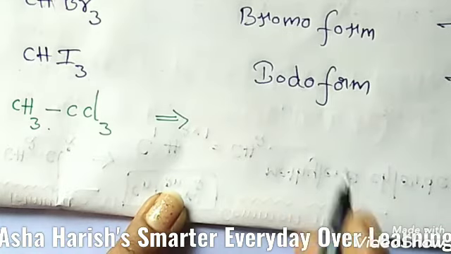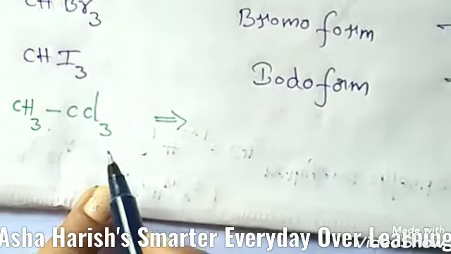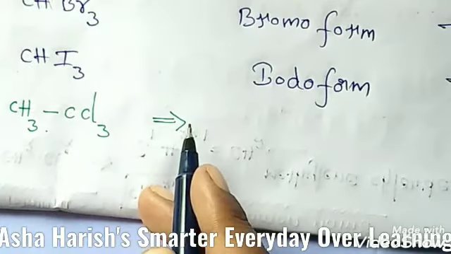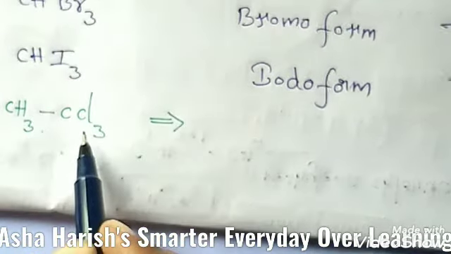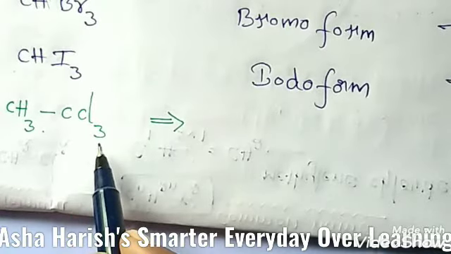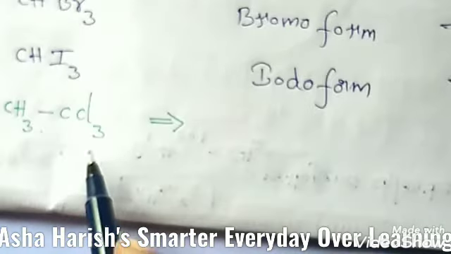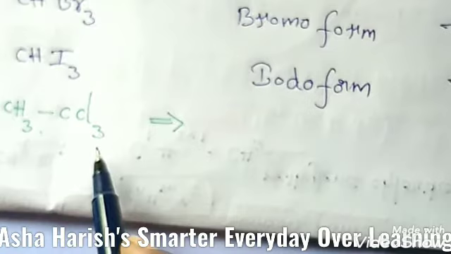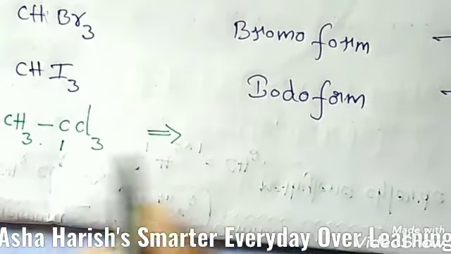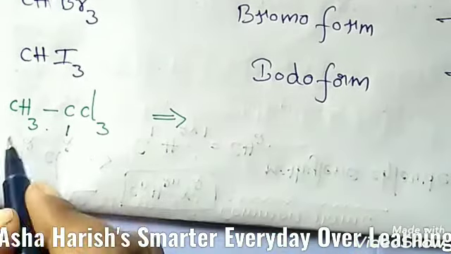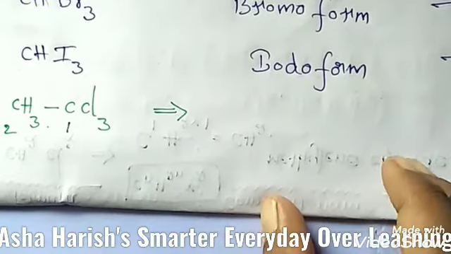Okay, and some more examples, let's see. If we have the example of CH3CCl3. That means at this carbon only, CCl3, carbon trichloride. For these, students, we can directly write the IUPAC name. At this first carbon only, and here we have the second carbon.